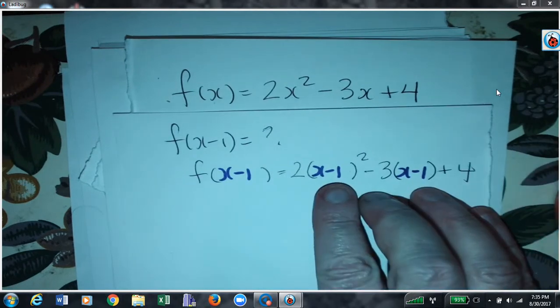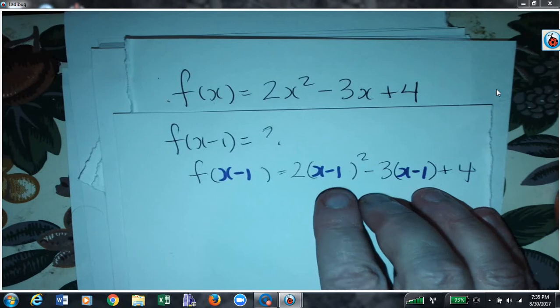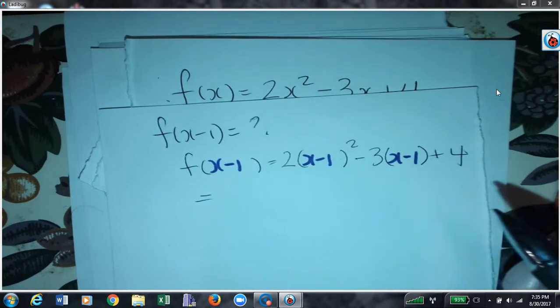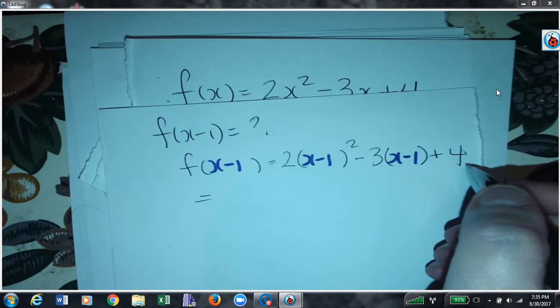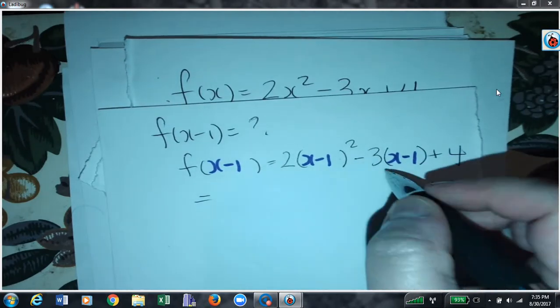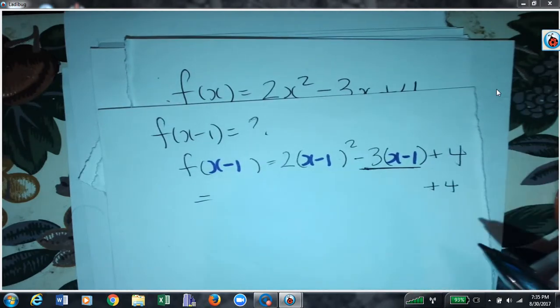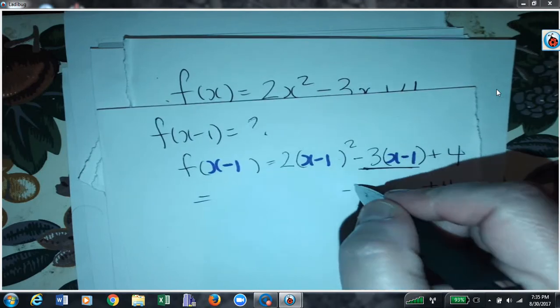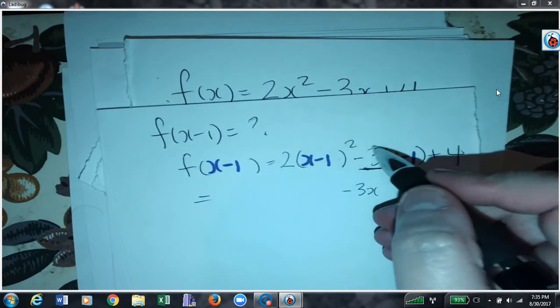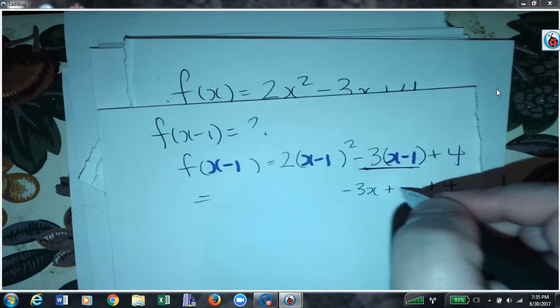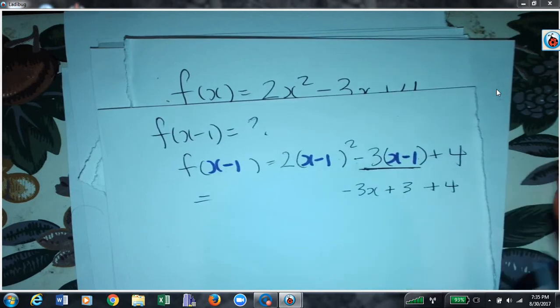This is a correct answer, but you're not going to see it like that on the exam. So, again, let's start from the right and move leftwards. Okay, what's that going to be without parentheses? Well, it's going to have negative 3 times x plus negative 3 times negative 1, which is positive 3.